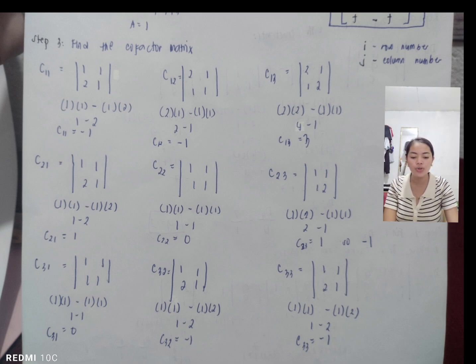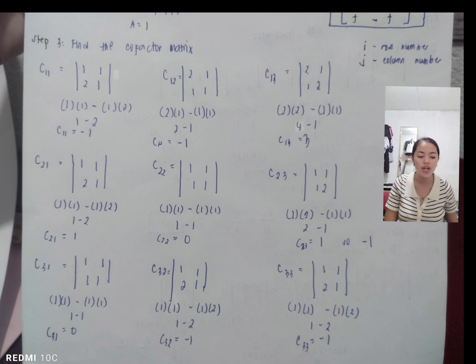For C12, the same: eliminate row 1 and column 2. You now have 2, 1, and 1, 1. Cross multiplication gives C12, which is -1. The same process with C13: eliminating row 1 and column 3, we now have 2, 1, and 1, 2.